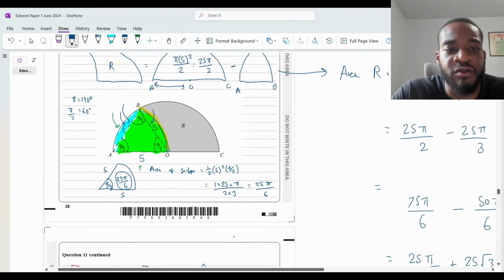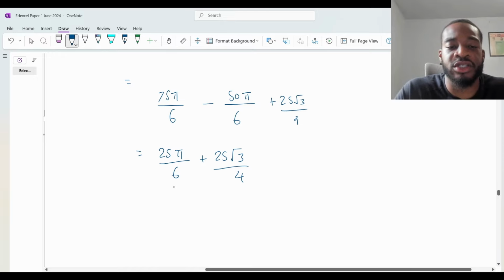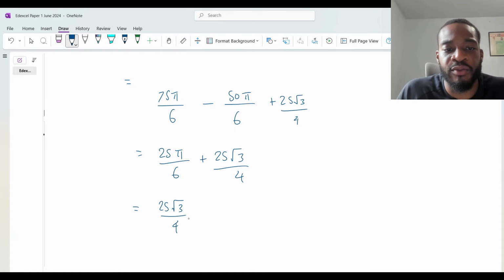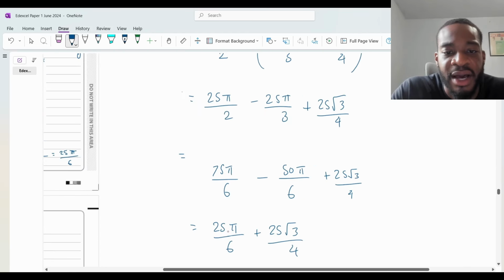Now they wanted it in the form of a root 3 plus b pi. So they want the surd first and the pi after. So it's going to be 25 root 3 over 4 plus 25 pi over 6, like that. And let me just double check. Do they want a root 3 plus b pi?